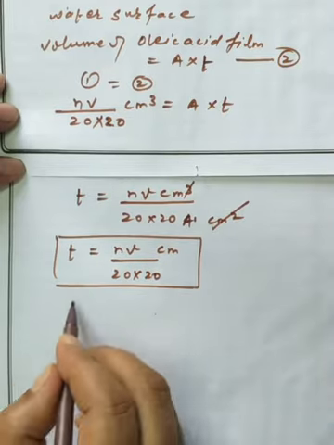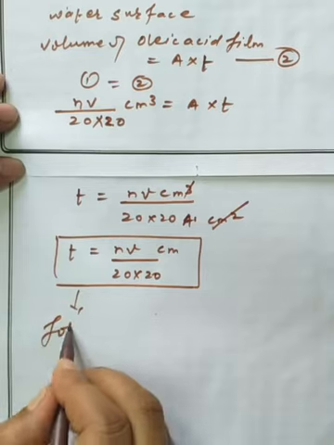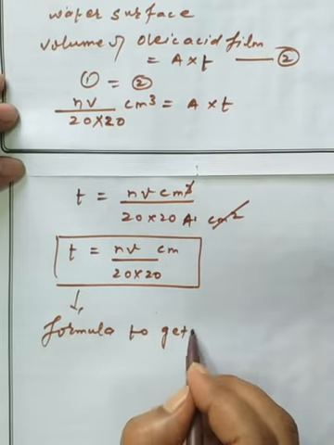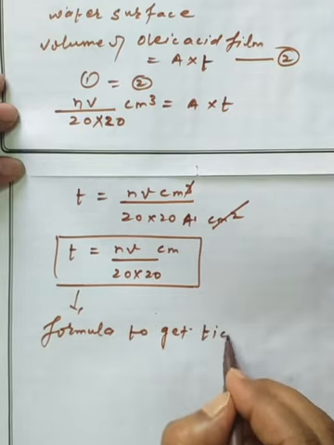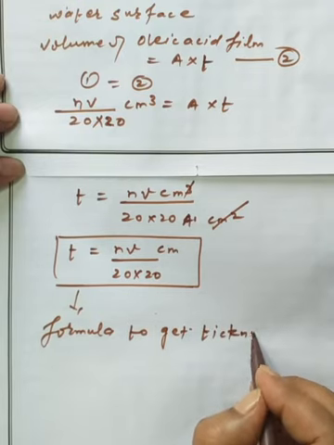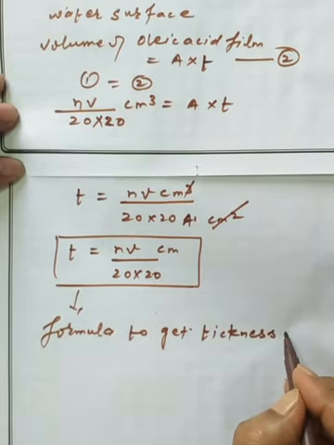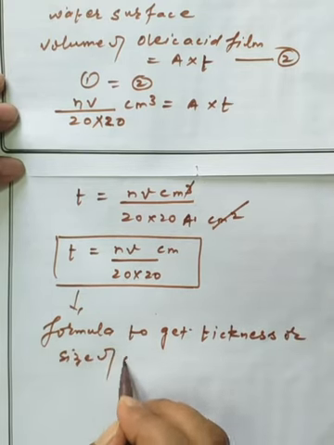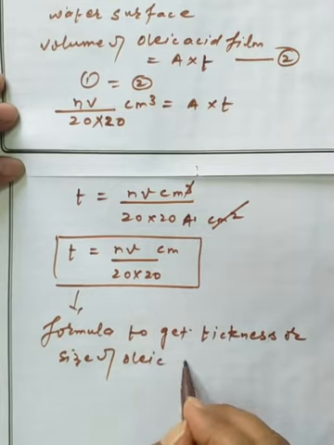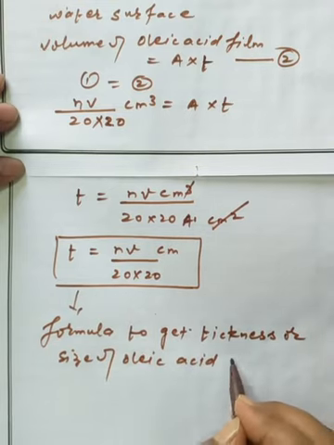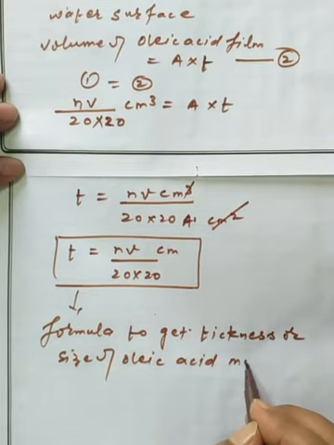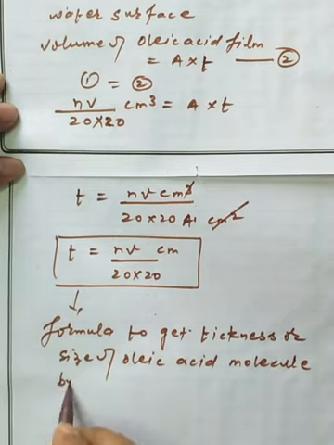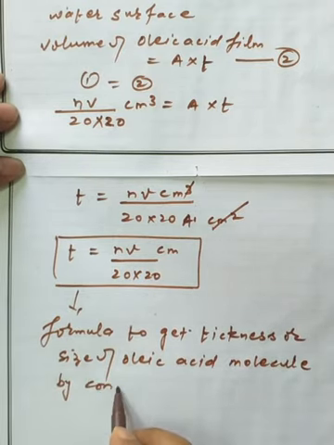So this is the formula to get the thickness, or size, of the oleic acid molecule by the concentration method.